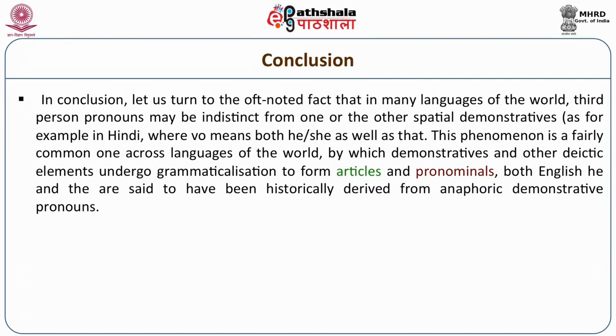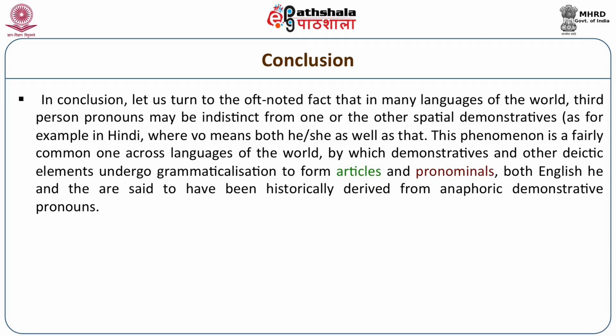There's also another important point about deixis that can be used to understand pronominals. In many languages of the world, third-person pronouns may be indistinct from one or other spatial demonstratives, as for example in Hindi, where wo means both he or she as well as that. This is a common phenomenon.